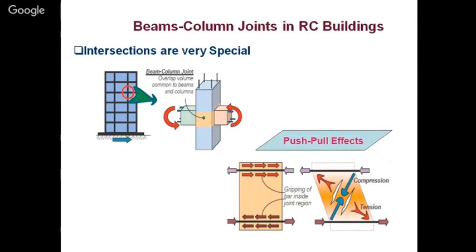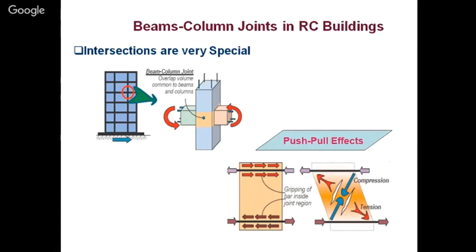There is maximum confinement of the core inside that beam column joint. You are providing vertical as well as horizontal ties, which confine the beam column joint to give resistance in compression as well as in tension.